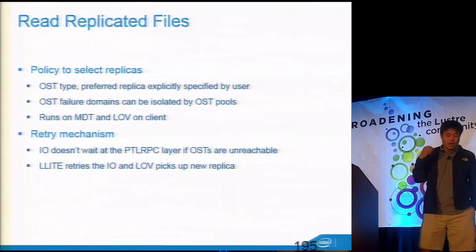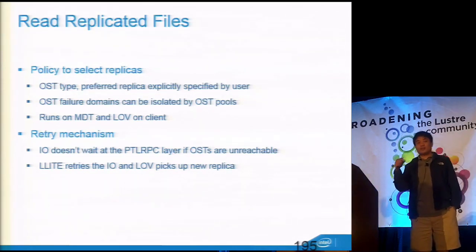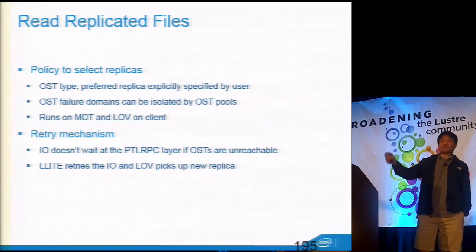So the upper layer will be notified of this failure, and then I/O will be reissued. And then at LOV layer, the policy will pick up another replica and reissue the I/O.